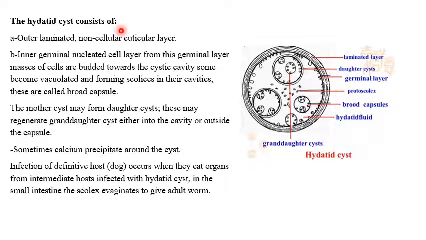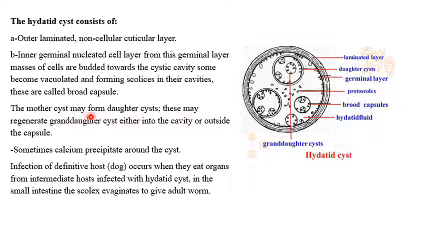Hydatid cyst consists of: first, an outer laminated non-cellular layer, as here. The second is an inner germinal nucleated cell layer. From this germinal layer, masses of cells are budded toward the cystic cavity. Some become vacuolated and form scolices in their cavities. These are called the brood capsules.